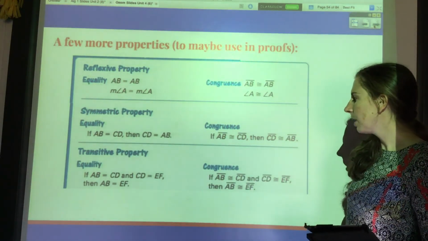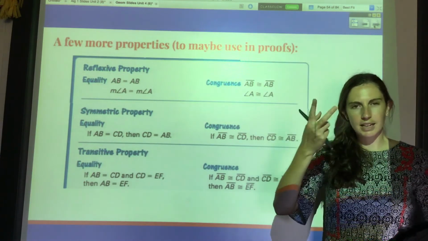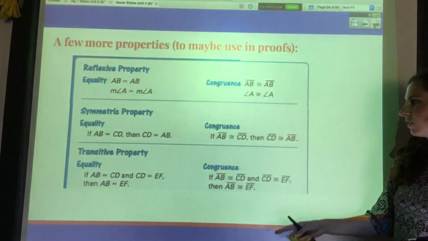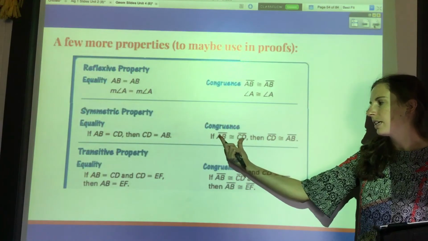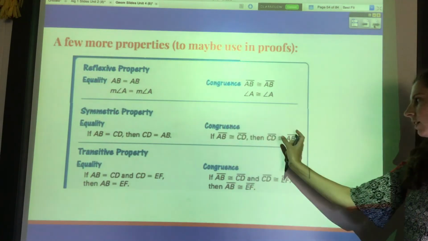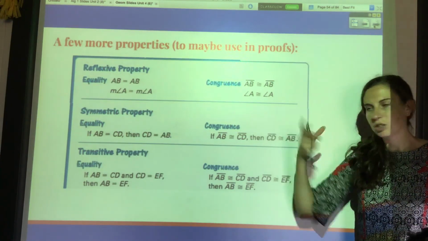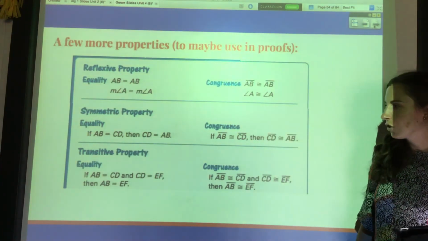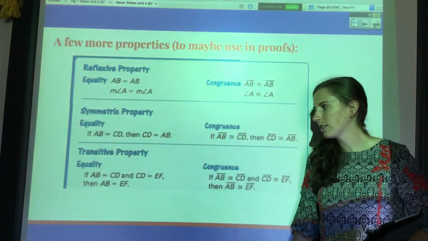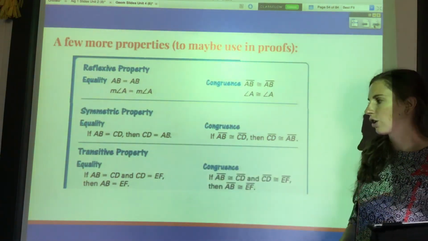The symmetric property basically just says you can flip things if you ever need that. Like if you want to change AB is congruent to CD and flip it, CD is congruent to AB, that's symmetric because it's symmetry. And then the transitive property basically just says you can link things up like a train.